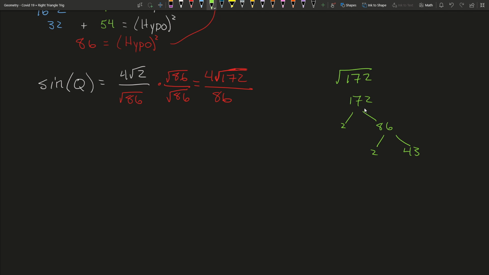So if we factor out 2's from 172, we can do that twice. Because the square root of 2's repeat, this just becomes 2 rad 43. All right, so the square root of 172 is 2 rad 43.